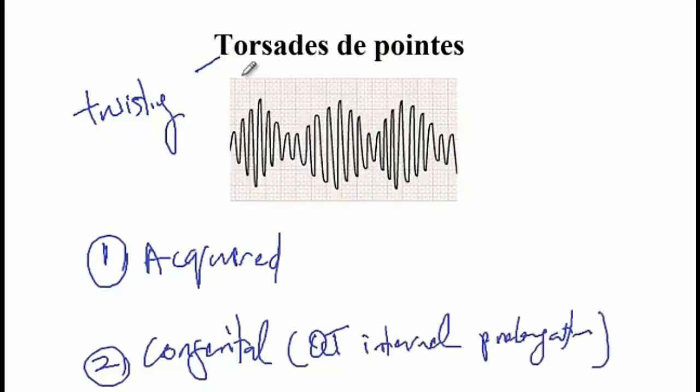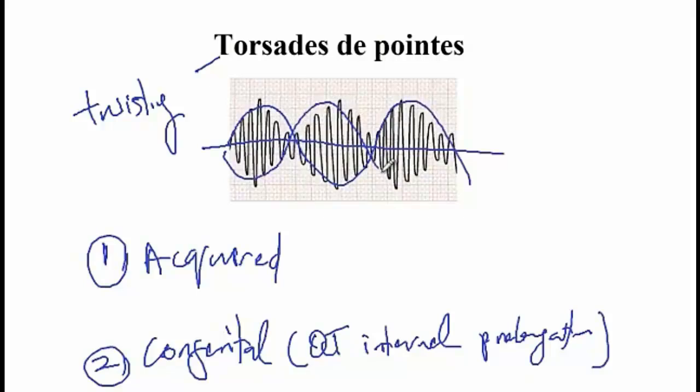Now, the reason the name torsades is given to this condition is that the waveform QRS that are shown right here, they are twisting around the isoelectric line. So if we have the isoelectric line here, you can see that they're twisting around it. And then same on this side. So that's why it's given the name torsades.